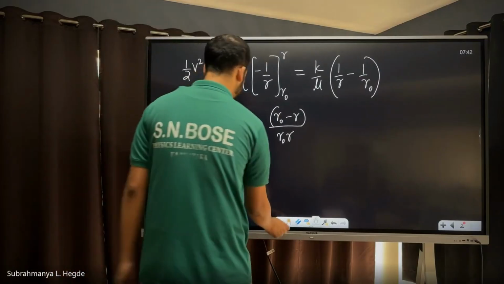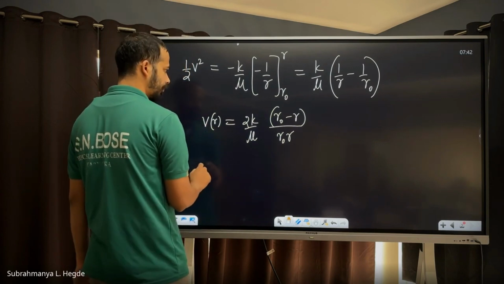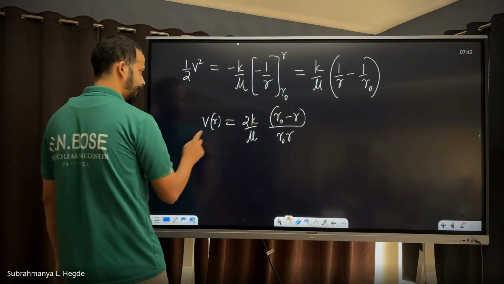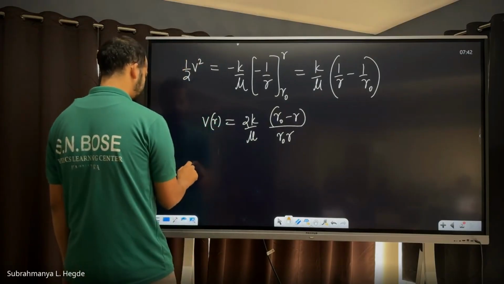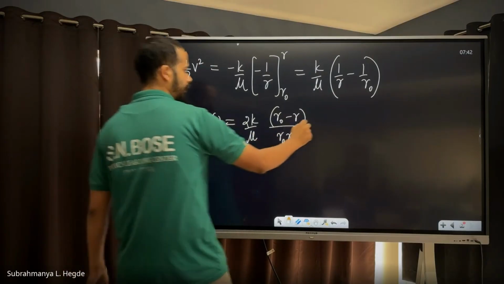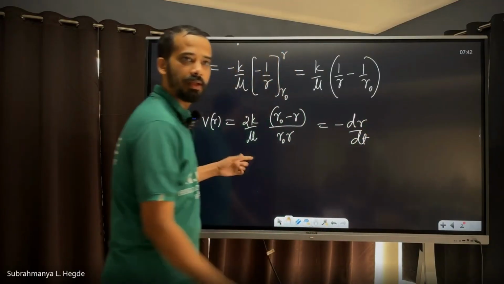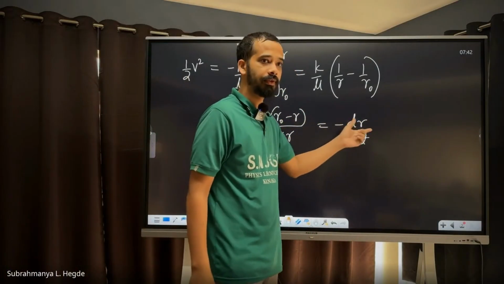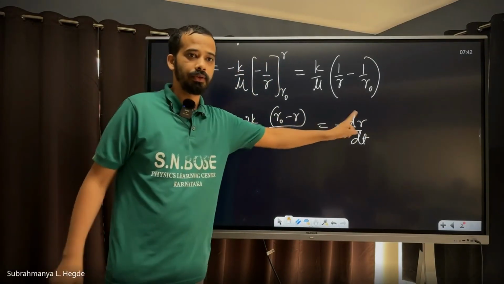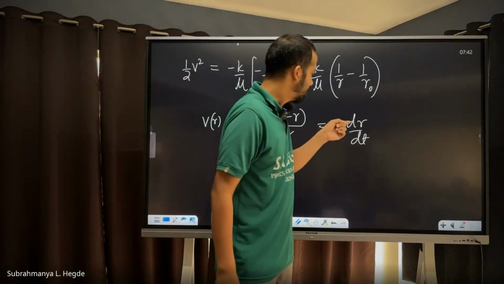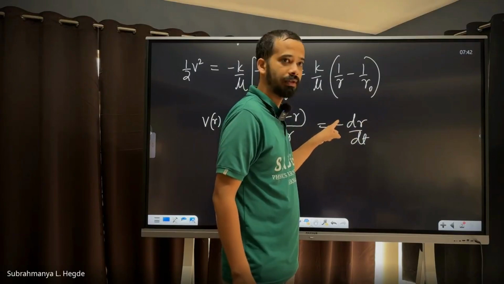Now this one is again minus dr by dt, v, that is minus dr by dt, because r is a decreasing function. This whole thing is positive actually. You should have the negative sign. Since it is a decreasing function of time, the derivative throws you one more negative sign, which you should place actually.